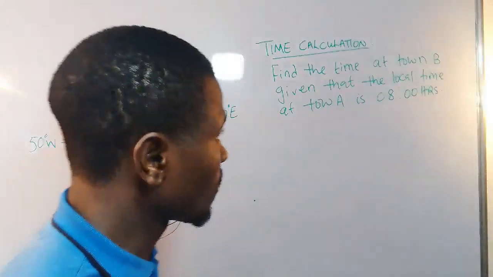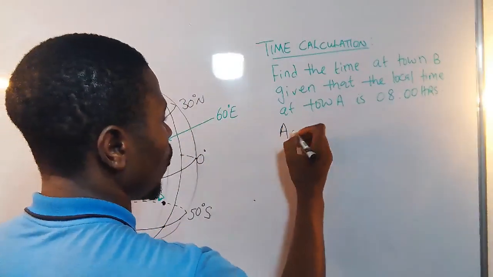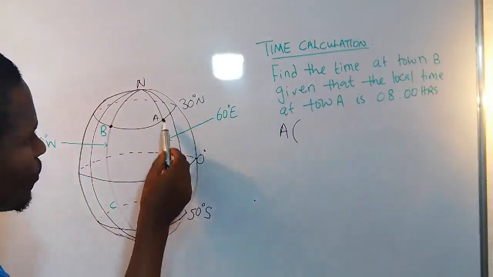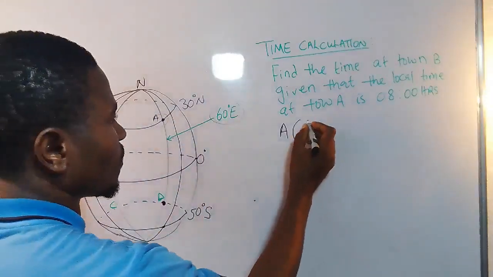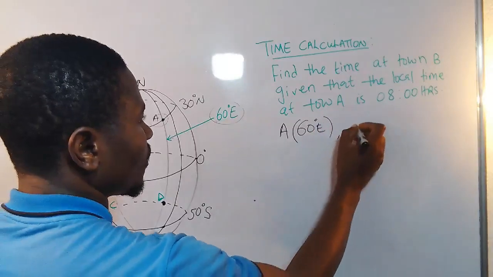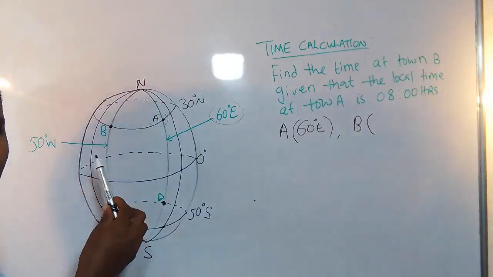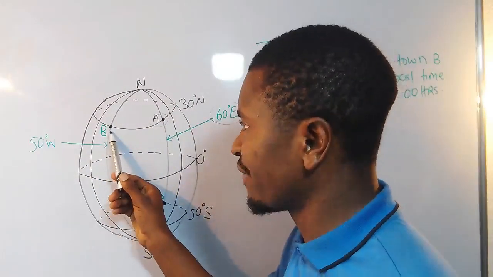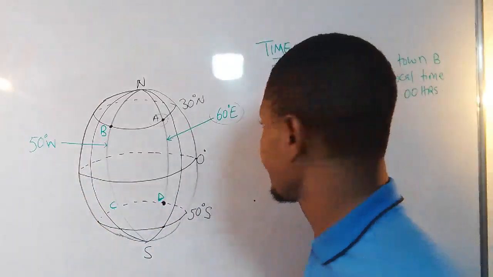So point A is this one, and the longitude is this one, so it's 60. And point B, when you look at point B, we have this one, 50 degrees west.